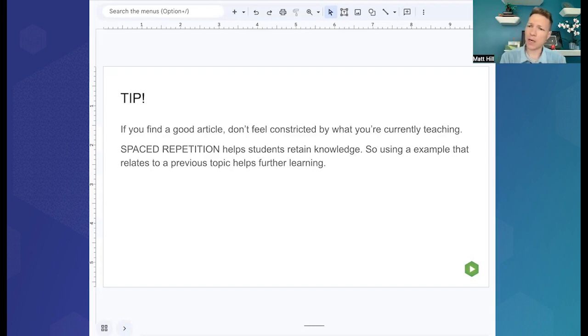If you've already taught it, this would be an example of spaced repetition: the more times students see something, the more likely they are to retain it. So if you can, say, bring up elasticity throughout the course, it's more likely that the students will retain that information. If you've already covered something, but you see a news article or something has happened, that's a great example.